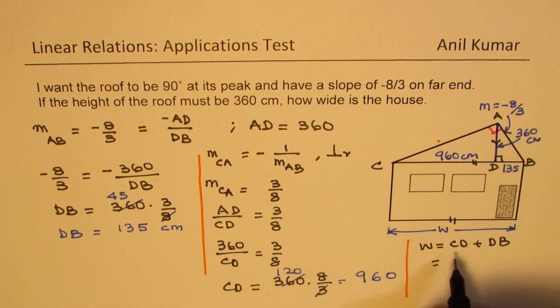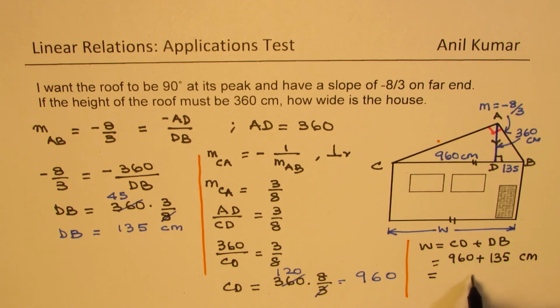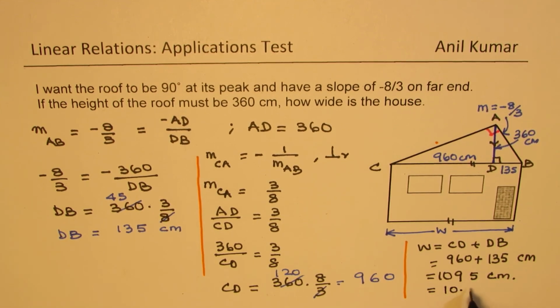And in our case, we found CD to be 960 plus 135. Everything is in centimeters. That is 1095 centimeters. So we could actually write this as 10.95 meters. So that becomes the width of the house.